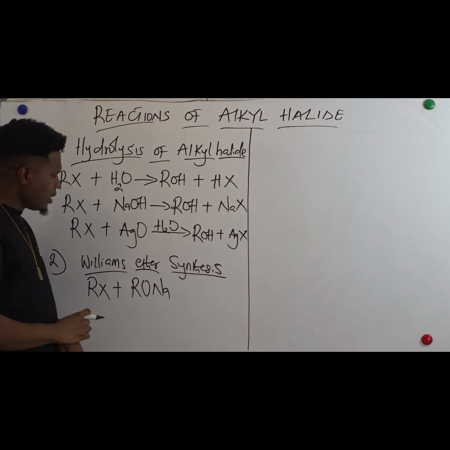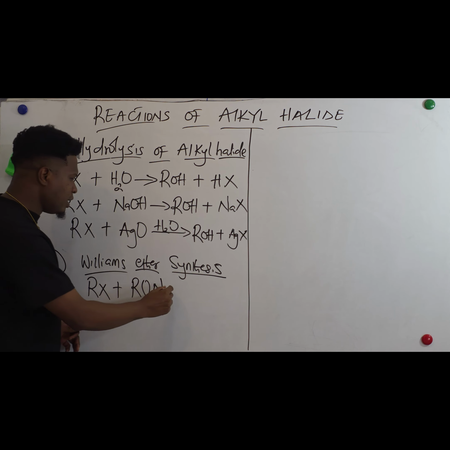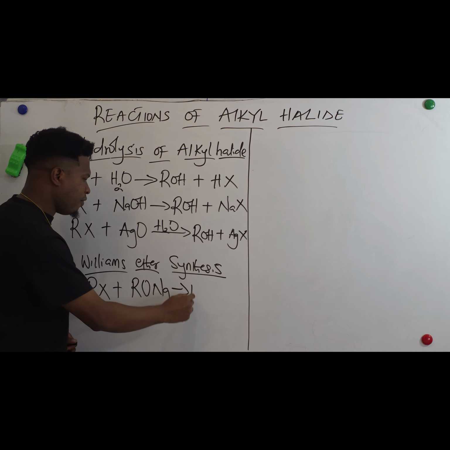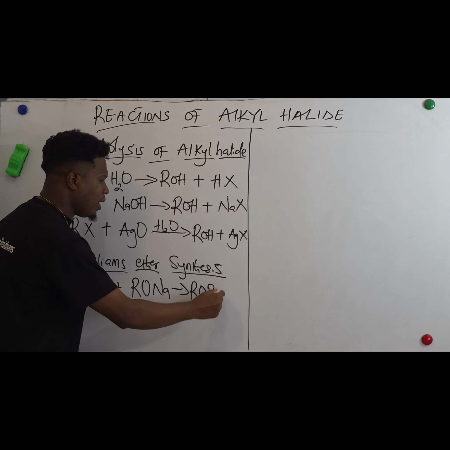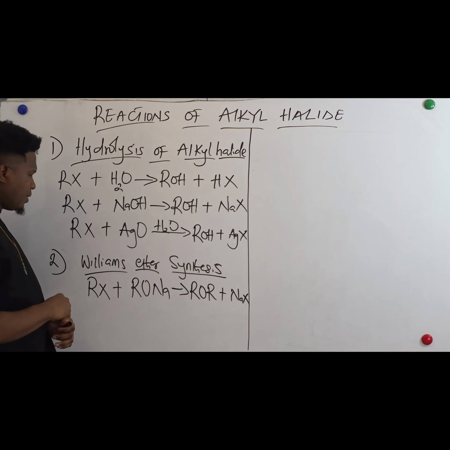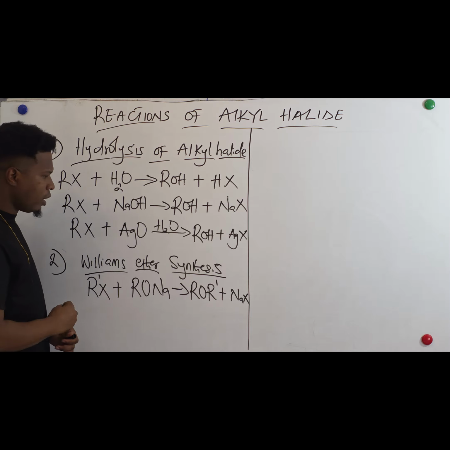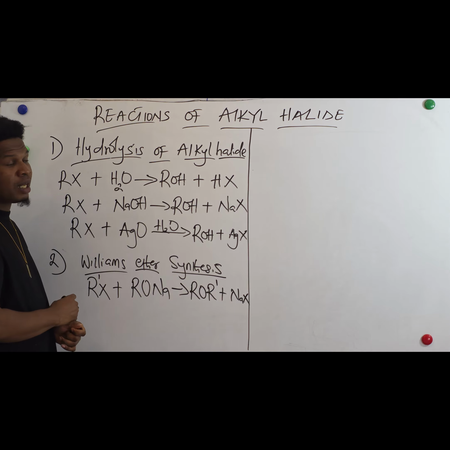Okay, an alkoxide could be sodium alkoxide or potassium alkoxide. So when you treat it with this, you are going to have ROR plus NaX. Okay, for the sake of clarity, we can use prime to represent this, so we can show this is prime. So this is your ether, this is sodium halide.